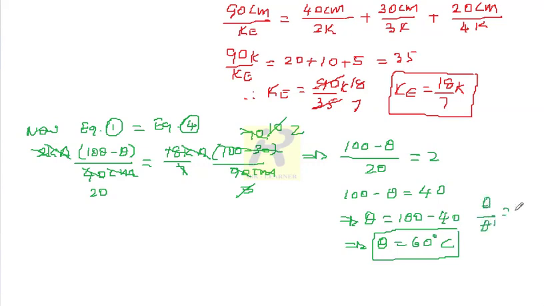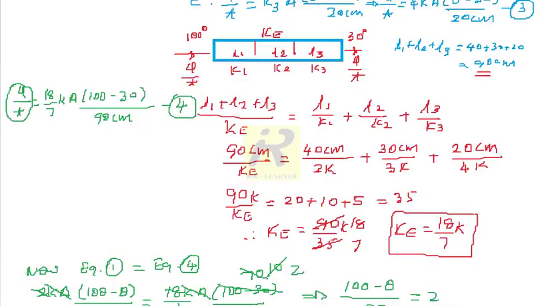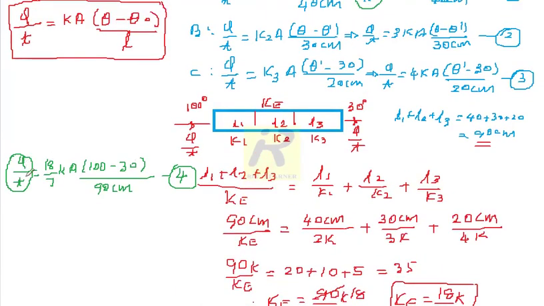And we are about to find theta divided by theta dash. This is what I need. I found theta, but I still need theta dash. For this I equate equation 2 to equation 4, because the rate of flow Q by T in equation 4 is equal to Q by T in equation 2.